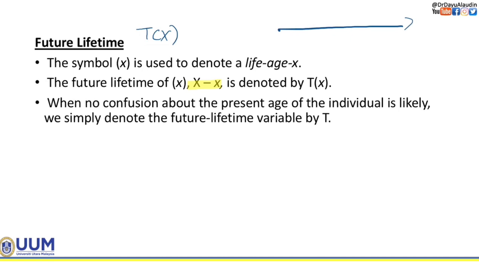So the current age is small x and the age of death is big X.